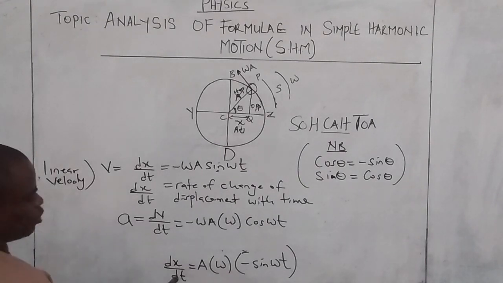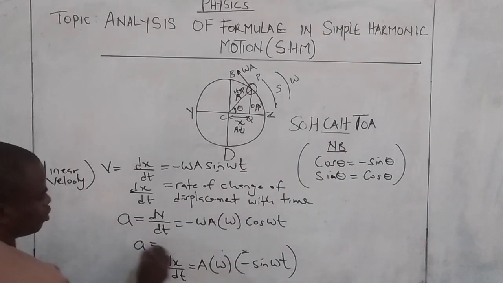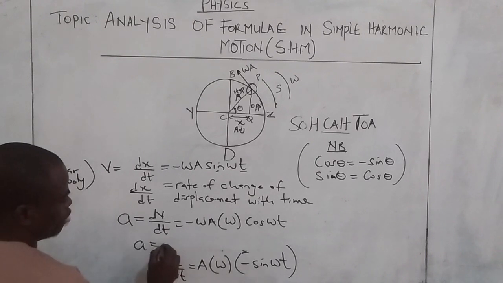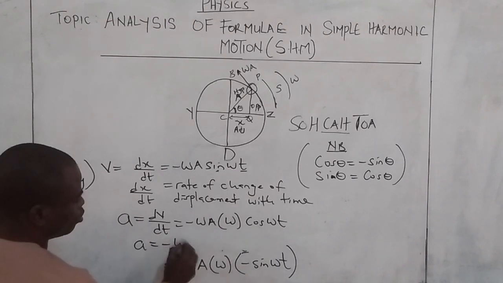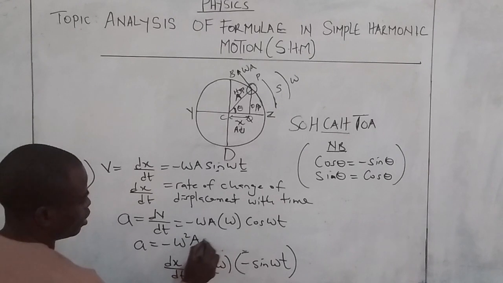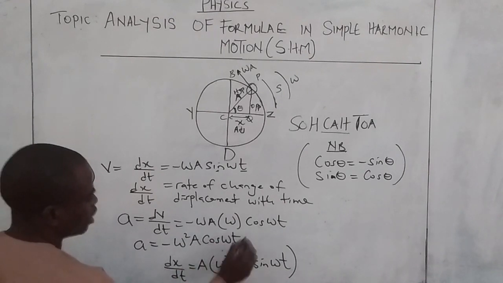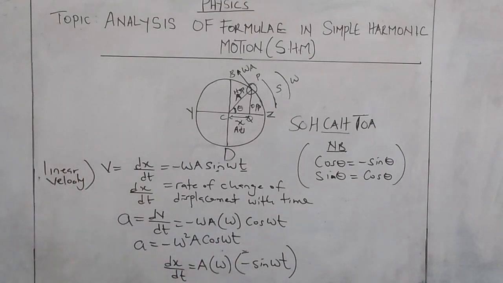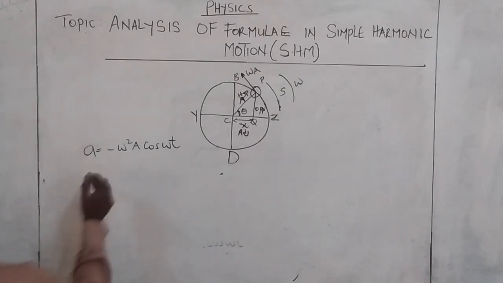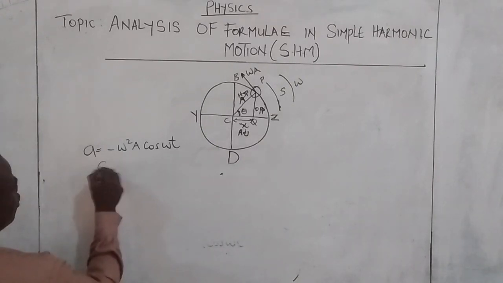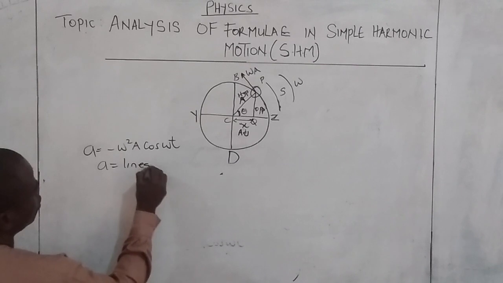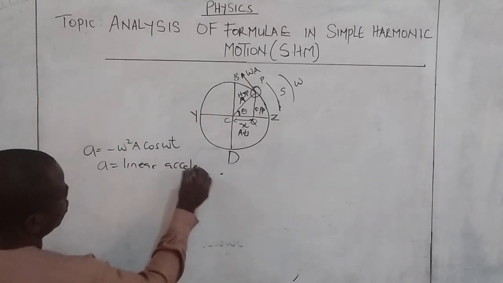After you differentiate it, a equals minus w times w, minus w squared A cos omega t, where a equals the linear acceleration.